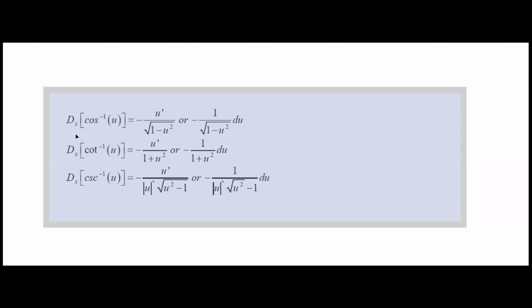The only difference is, since the derivative of the inverse sine is u prime over the square root of 1 minus u squared, the derivative of the inverse cosine is the negative of that. And likewise for the cotangent, it's the negative of the derivative for the inverse tangent, and for the inverse cosecant, it's the negative of the formula for the inverse secant.